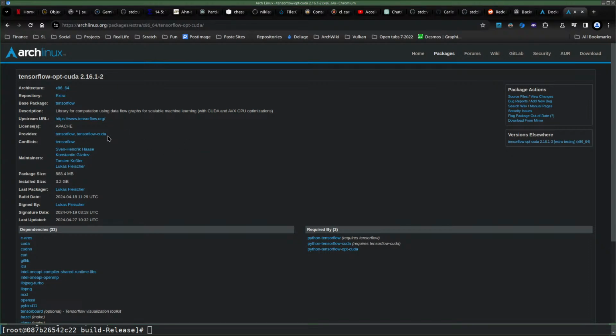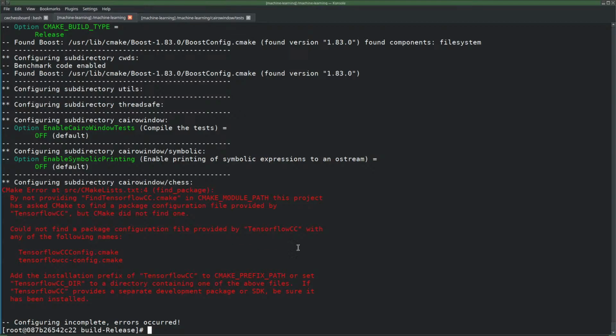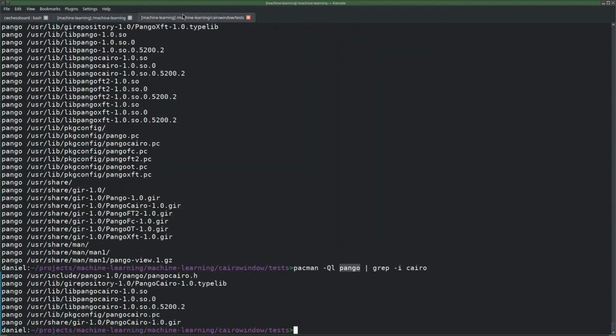What the hell, man? Provides. Pacman -Q, I mean, QL grep TensorFlow.